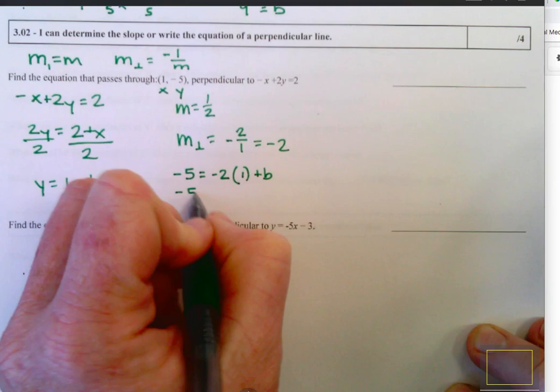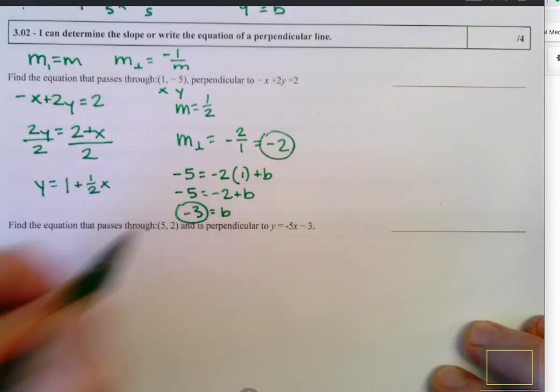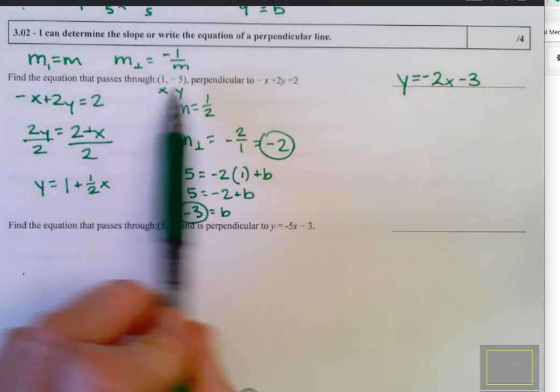So I have my new slope, and I have my new y-intercept. Negative 2x minus 3. Okay, so that line goes through that point and is perpendicular to the original line.